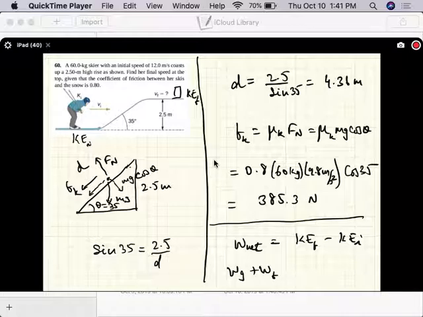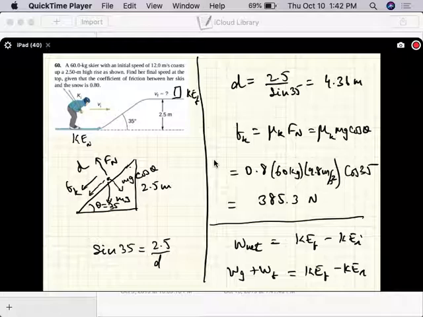Is it easy to calculate the work done by gravity? What is the work done by gravity? Very good. It's the negative of the change in potential energy. I knew exactly what you were trying to say.